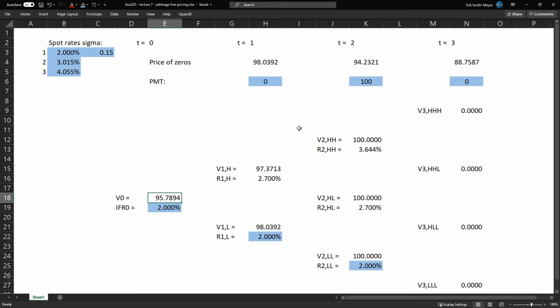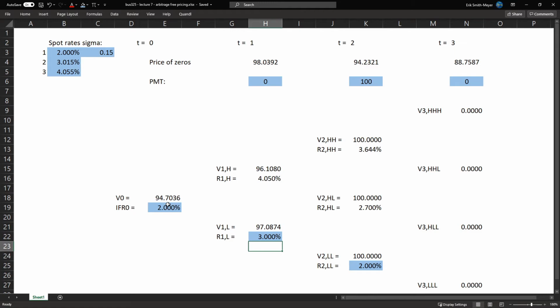So we know that our interest rate is too low. So let's try 3%. Okay. So now we have, with 3% and 4.050% in our interest rate tree, our cash flow at time 2 is priced as 94.7.